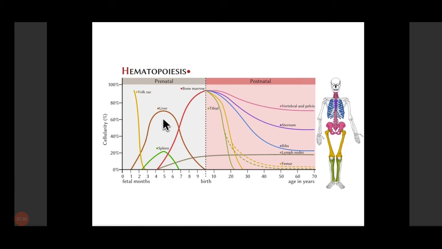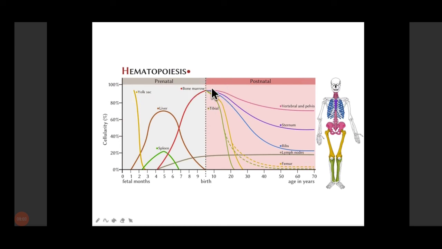By 2 to 3 months, the spleen shows a bit of hematopoiesis, but majorly it is the liver. Between 4 to 5 months, the marrow is active and starts taking over. And at birth, it is the marrow which forms the blood cells in your body.